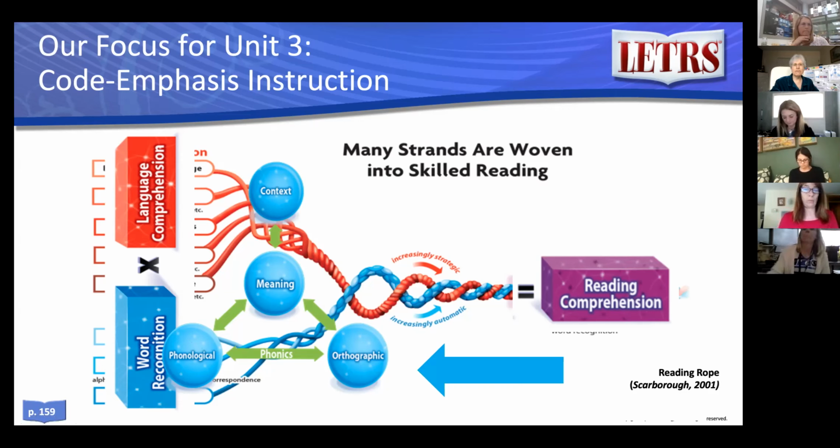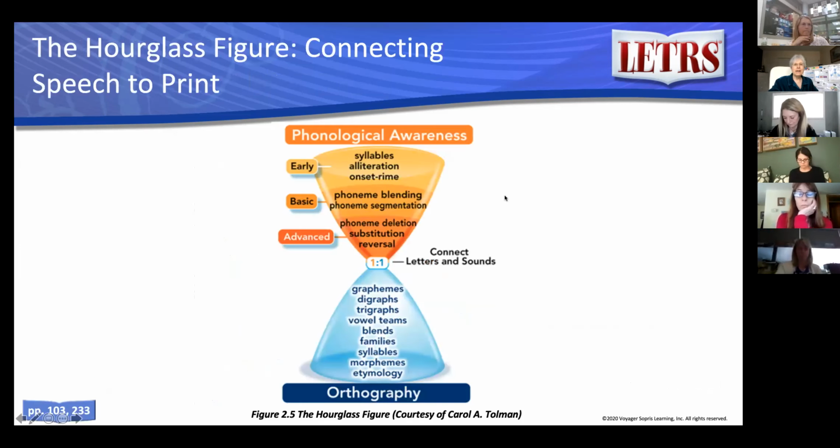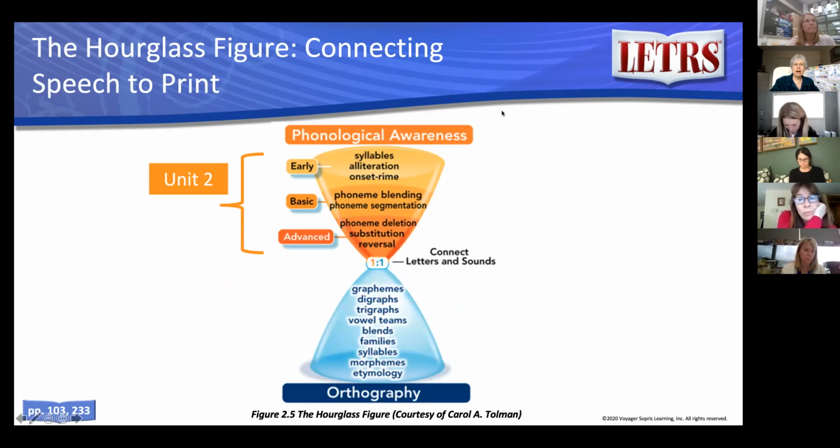But our work in Volume 1 is generally considered the heavy lifting of what needs to be in the rebar of instruction for code. We moved into the hourglass in Unit 2, and we really are hopeful that you've had a chance to think about perhaps trying the PAST test with a few of your students or other phonological awareness assessments in K and 1 that really get you to understand where my students are within these 3 bands.